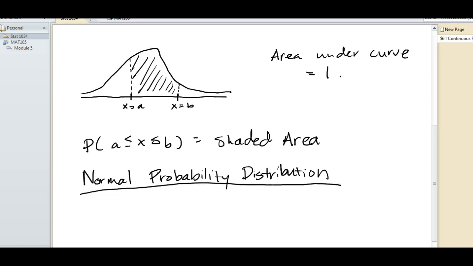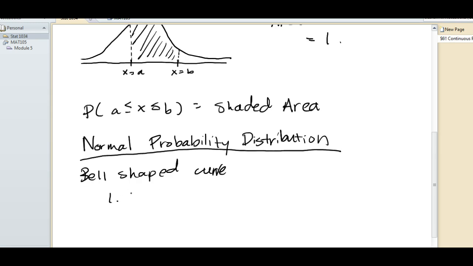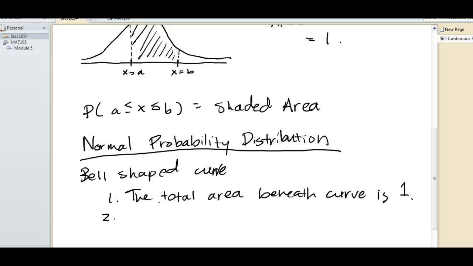So what this is, is a bell-shaped curve that is going to be symmetric. And it's going to be a probability distribution, so the total area beneath the curve is 1. The curve is symmetric about the mean.